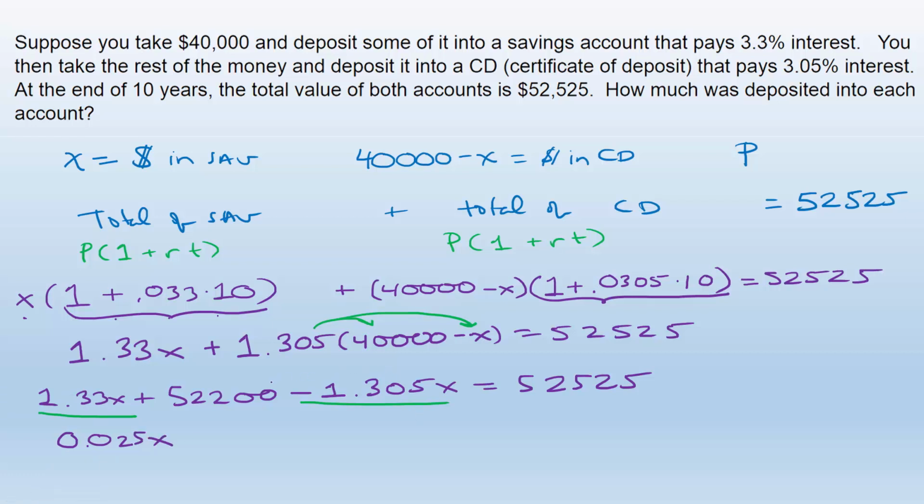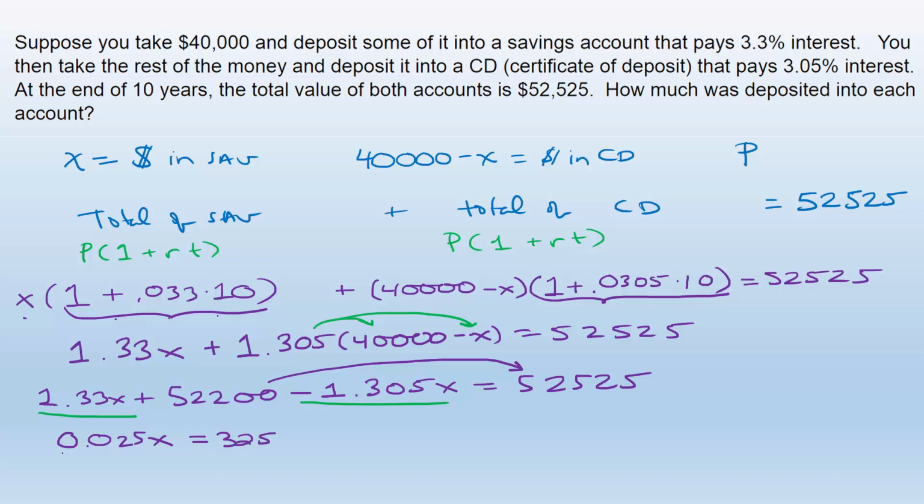And likewise, if I take this over to the other side by subtraction to combine it with like terms, I would get 325.